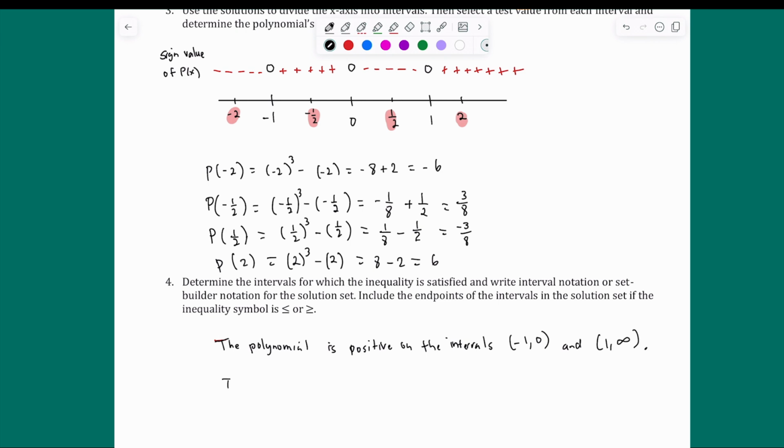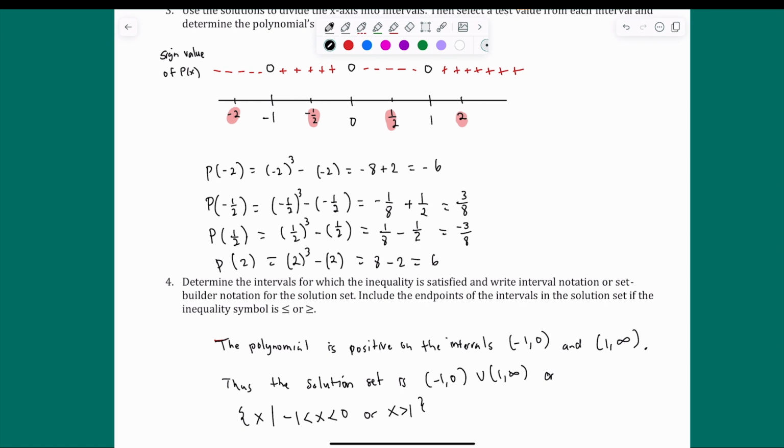Thus the solution set is the union of (-1, 0) and (1, infinity). So it's the union of those two intervals, or in set builder notation, this is the set of x such that -1 is less than x and x is less than 0, or x is greater than 1.